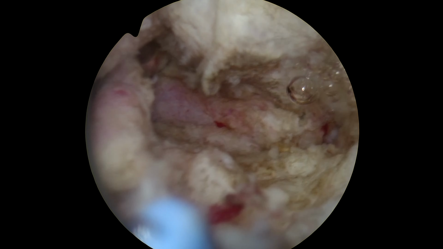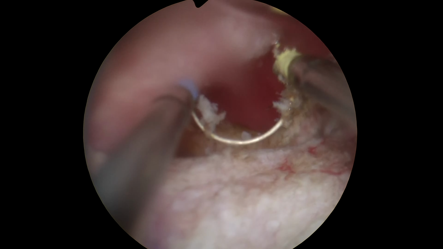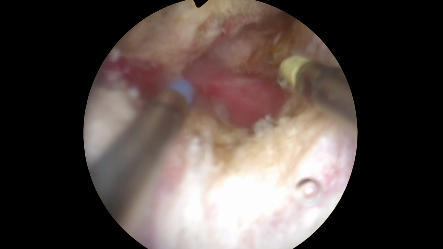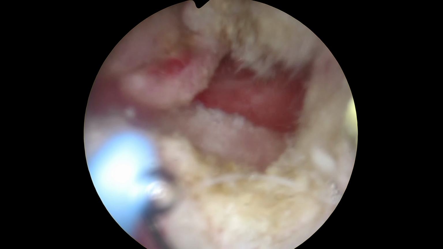Coagulation, of course. And again, resection.